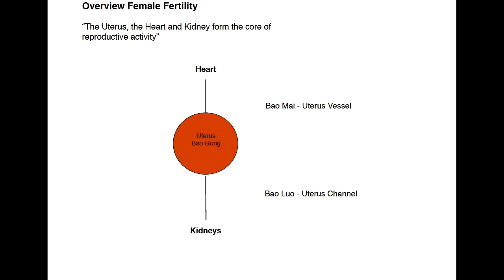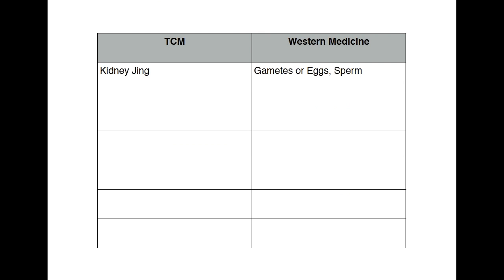Okay, so moving along. Let's have a look at some TCM and Western medicine connections and see the kind of things we're going to be working on and talking about in this webinar.